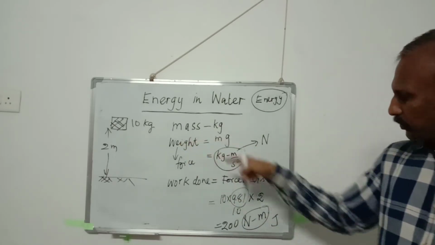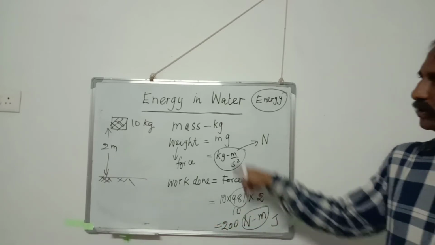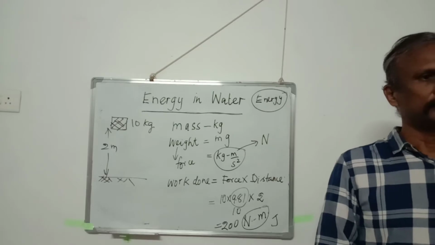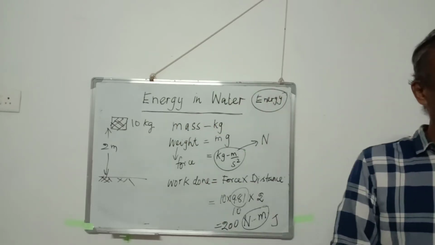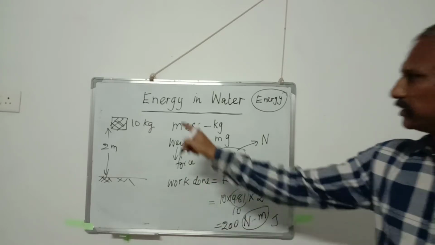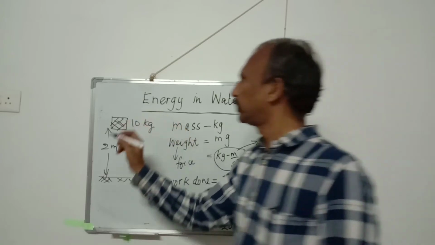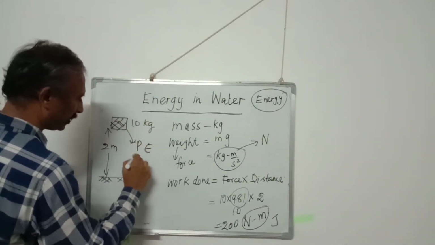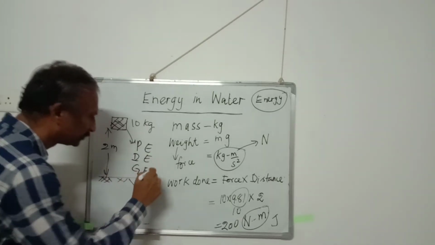So before this work was done, this amount of work was stored in this body as energy. That energy is called potential energy, or datum energy, or gravitational energy.